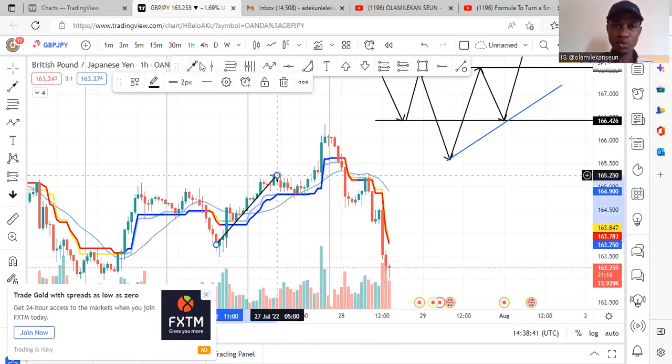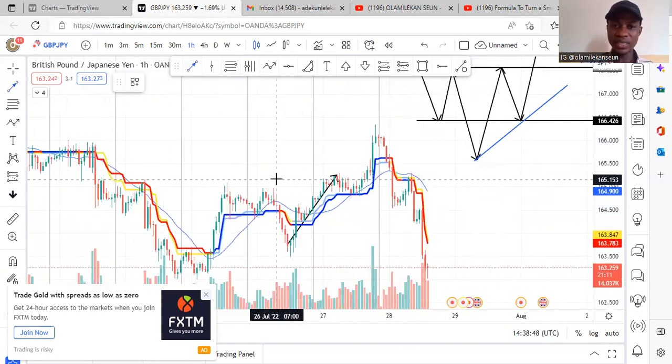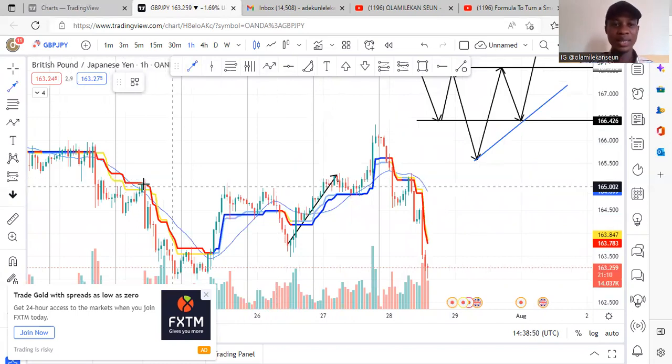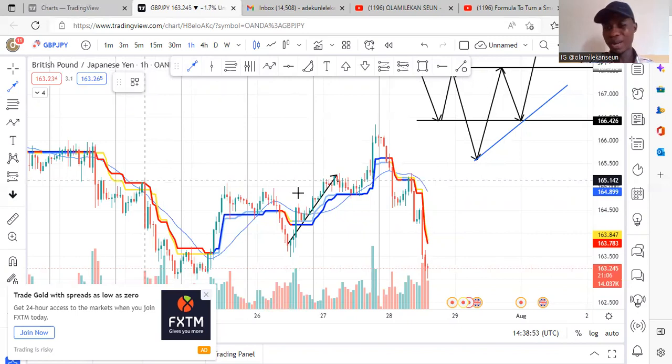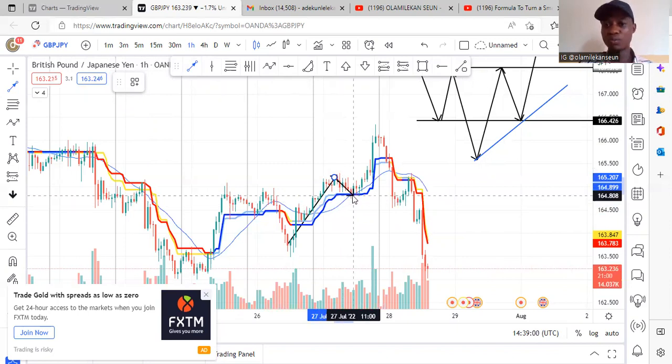The market went up, tested this resistance, and you can see that if you trace it back, that's actually a previous resistance as well. So the market went back up to test this previous resistance and then came back down a bit.